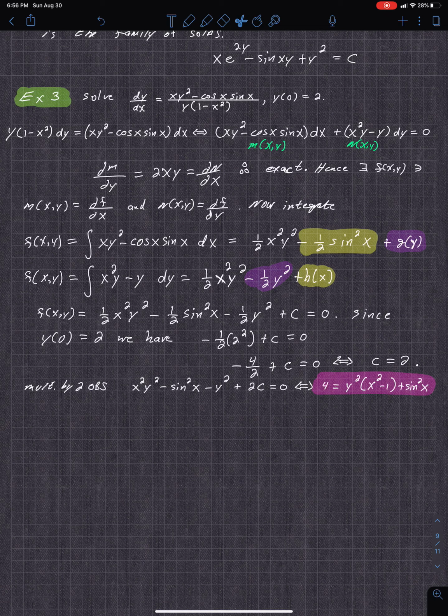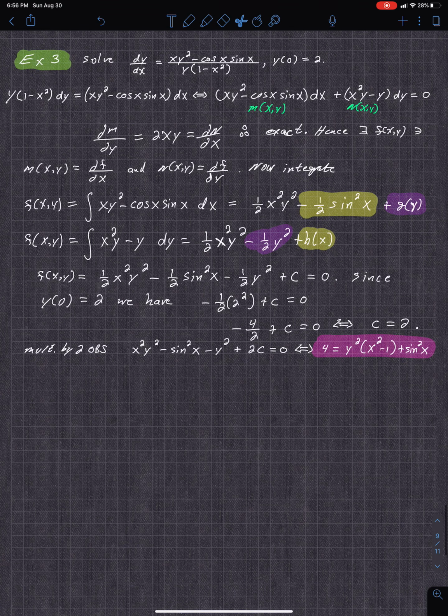We'll get to that in the next section. Okay, so here's the next question. This is then put in this form. So you have to expand it out so you can write M and N, and then show that they're the same by doing their partials, therefore exact. Then there must be the existence of f of x y.